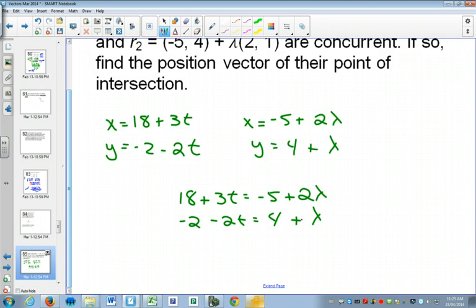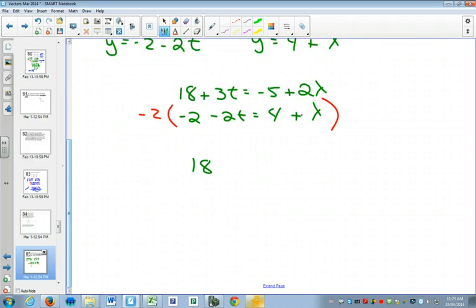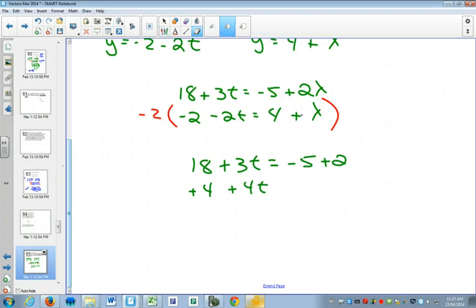I'm going to cancel out the lambdas by multiplying that second one by -2. You can choose whichever works best for you. It was a lambda.